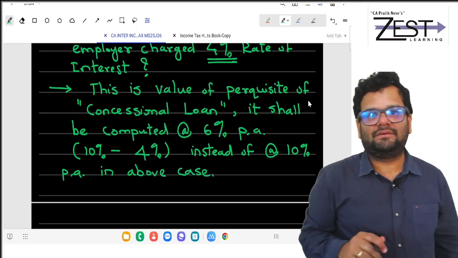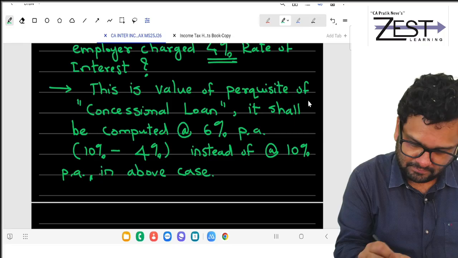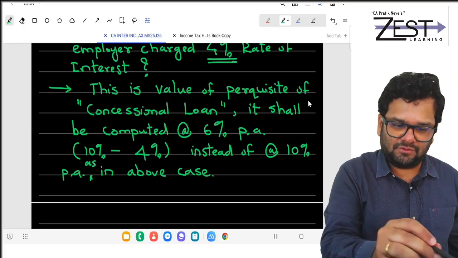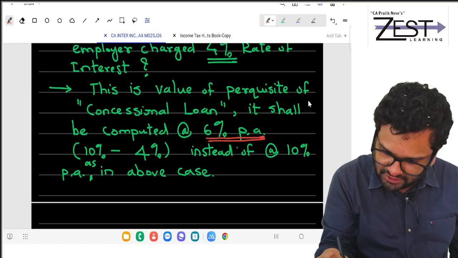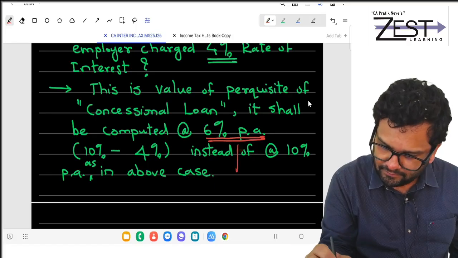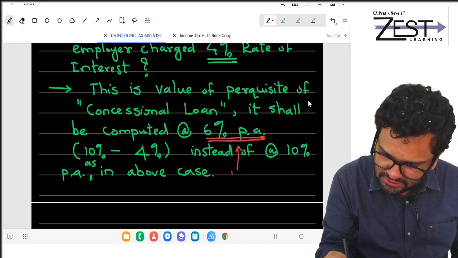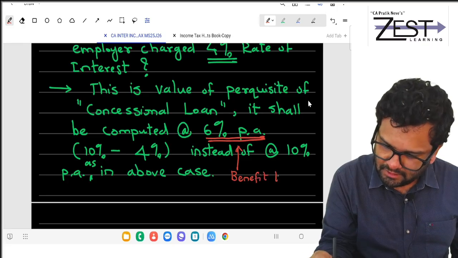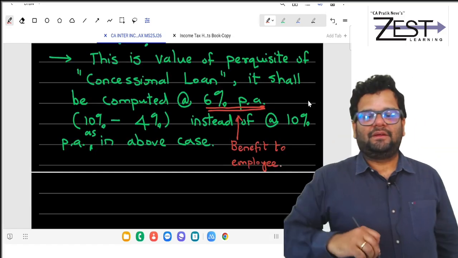Did you understand? Because see, 6% is what? Can I say 6% is the benefit element? It's a benefit to the employee. Did you get it?